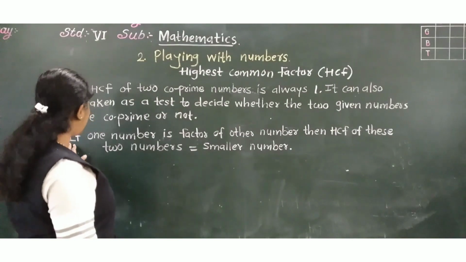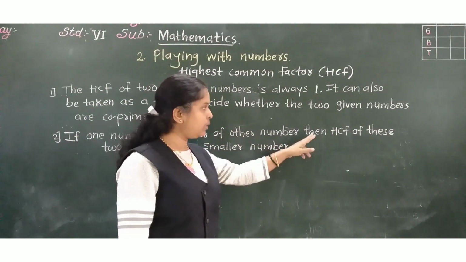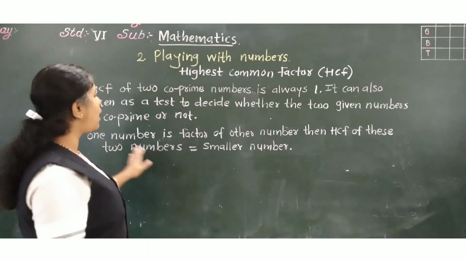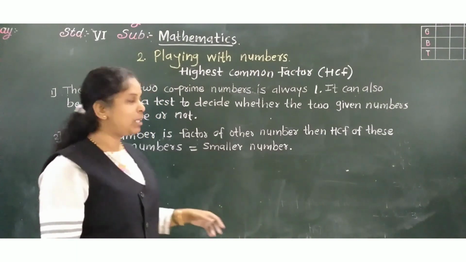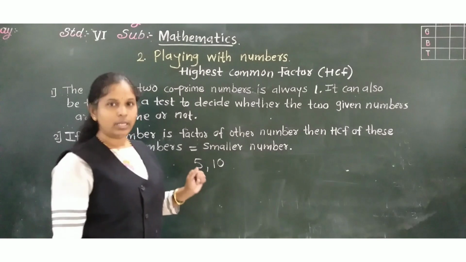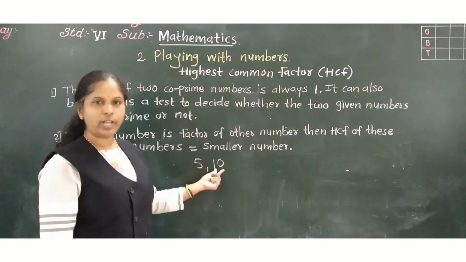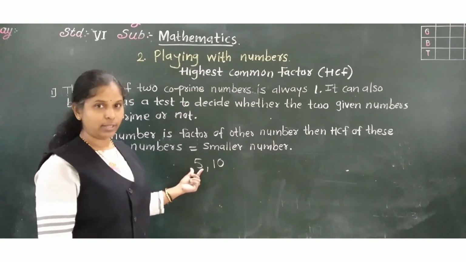Next, if one number is a factor of the other number, then the HCF of these two numbers is equal to the smaller number. What is the meaning? Suppose two numbers are 5 and 10. 5 is a factor of 10, yes or no? We can divide 10 by 5, correct?